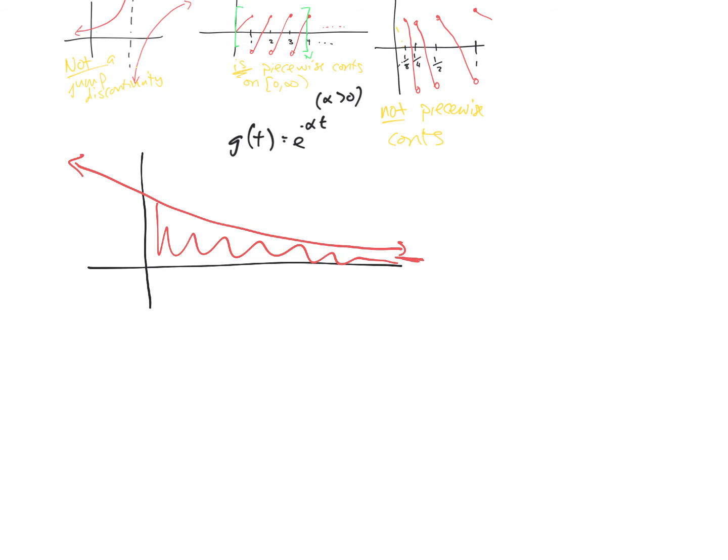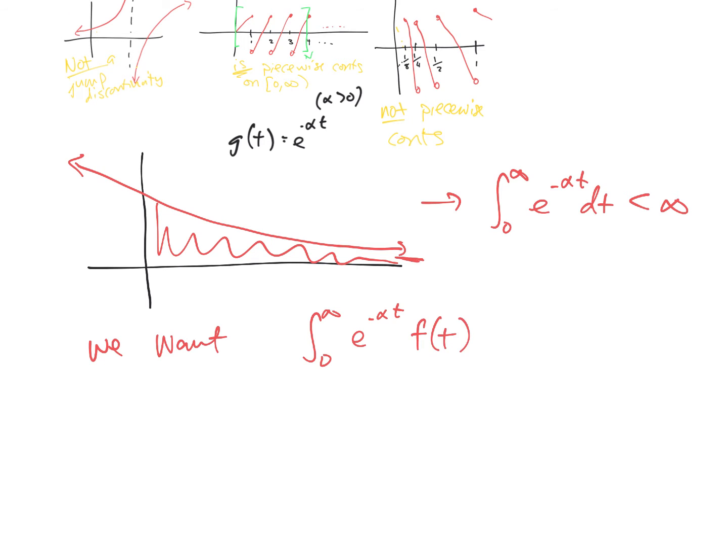And you could prove this. So then the integral from 0 to infinity of e to the negative alpha t dt is finite. And so we want the integral from 0 to infinity of e to the negative alpha t times f of t dt.